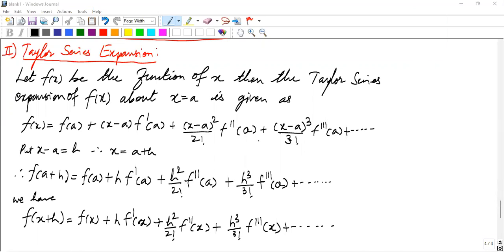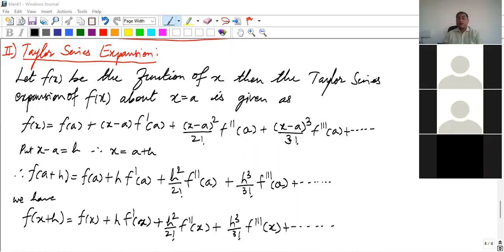If you need to find the expansion in terms of x minus a, that is, the expansion of the given function about any fixed or arbitrary point other than 0, because if it is 0 it will go to the Maclaurin series, then we use the first formula.